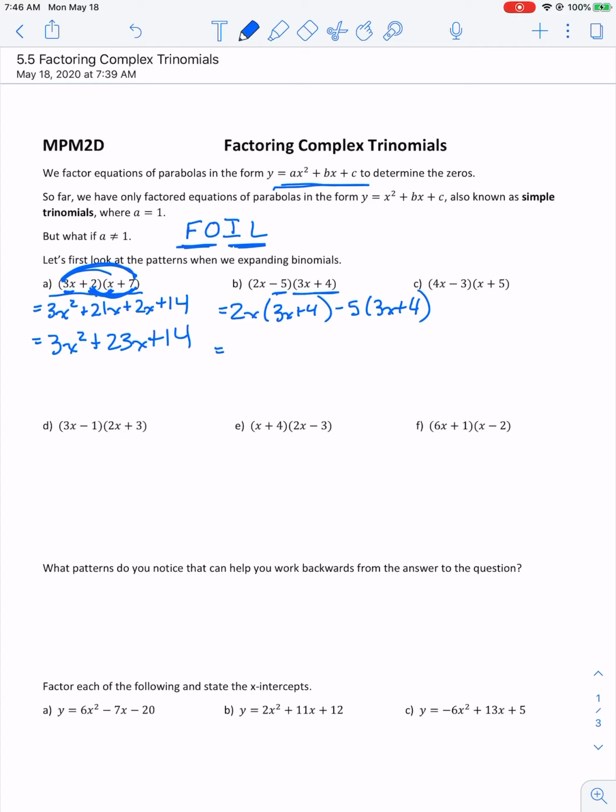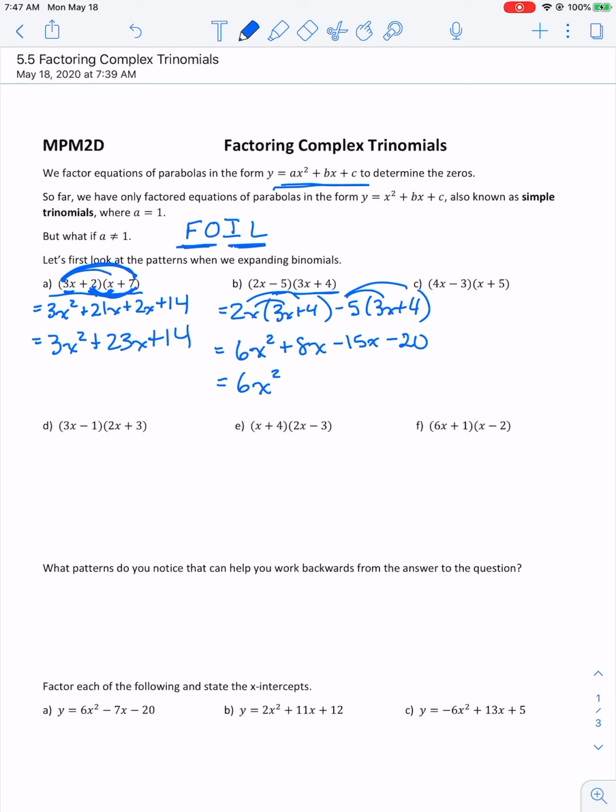And so when you expand all that, 2x times 3x is 6x squared. 2x times 4 is 8x. Minus 5 times 3x is minus 15x. And minus 5 times positive 4 is minus 20. And then bring those two middle terms together.